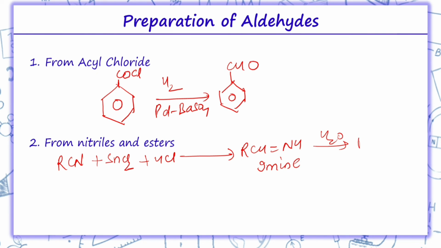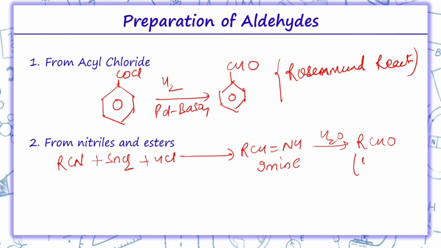On hydrolysis, it will form RCHO. So the first reaction was Rosenmund reaction, and the reaction from nitriles is Stephen's reduction reaction.